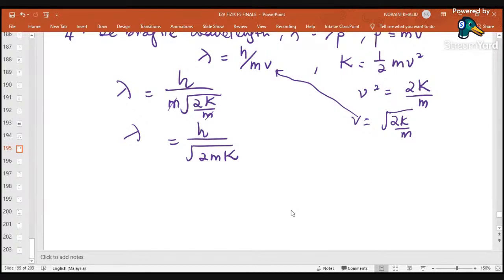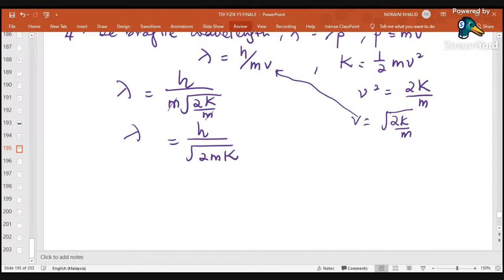For the de Broglie wavelength, it's just valid for a very small mass. If not, for larger mass, the wavelength cannot be detected, as you can see from the relationship here. If the mass is large, the wavelength is too short, thus it cannot be detected.